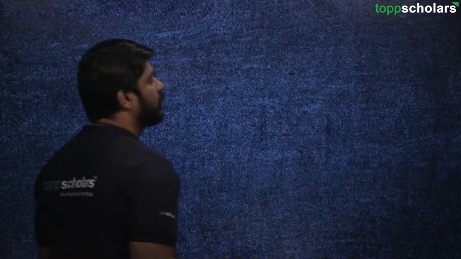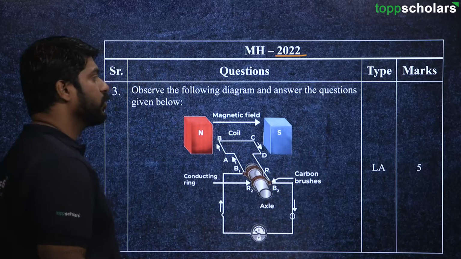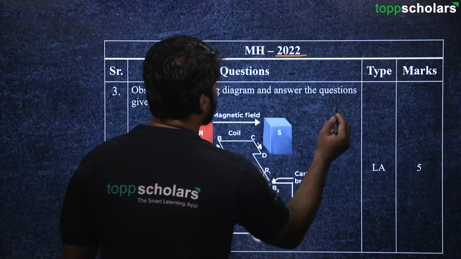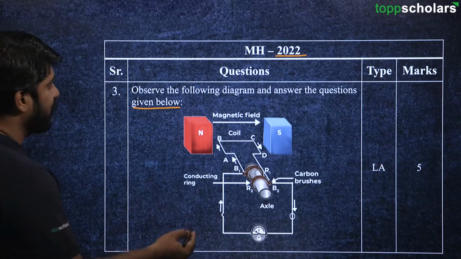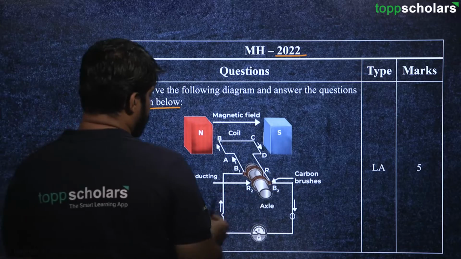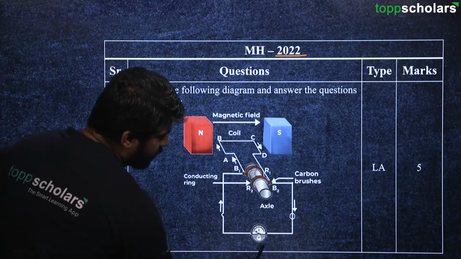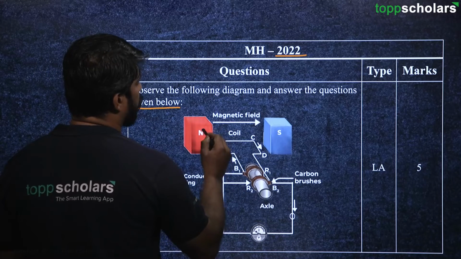Moving on to the next question from the year 2022. Here, observe the following diagram and answer the questions given below. Here you can see we have an AC generator. We have a galvanometer. Here we have two magnets, North Pole and South Pole.